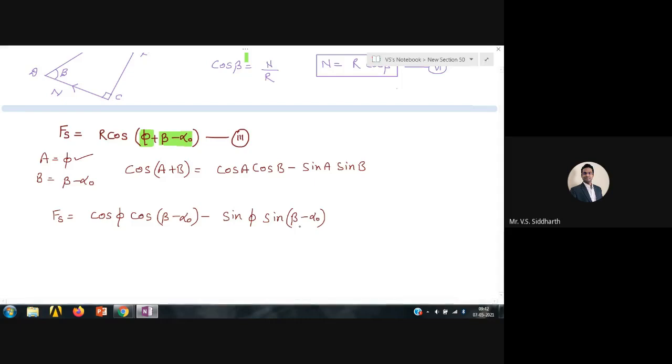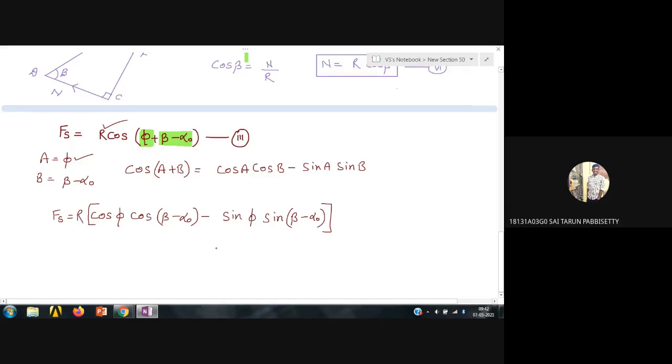If any of you did not understand, ask me, and I will explain again. But what I am doing is not so difficult. It is simple trigonometry. Clear up to this point, everyone? Very good. So you have to multiply that R also, because there is one R also here. So this R will be outside.